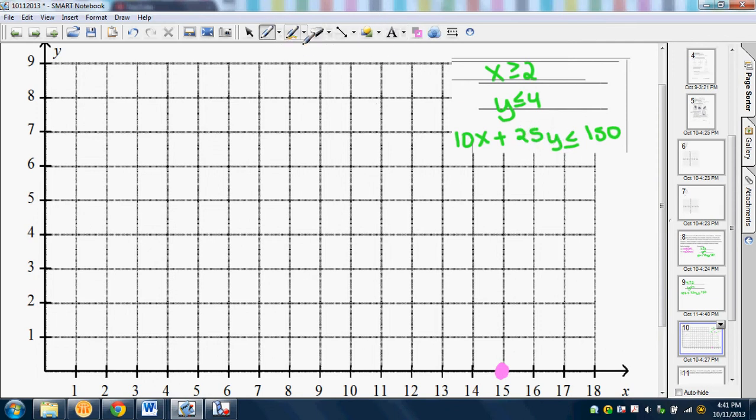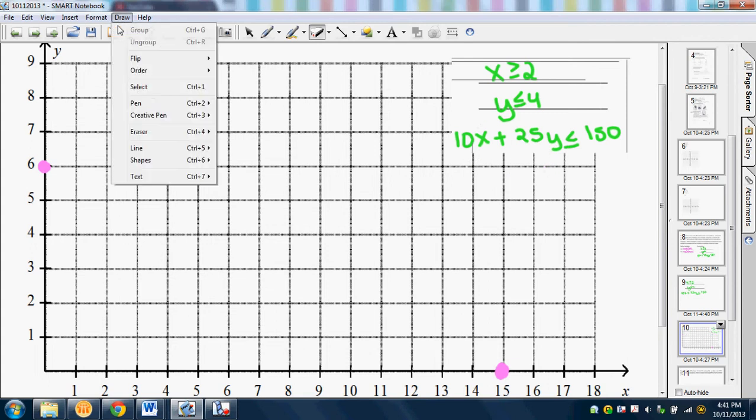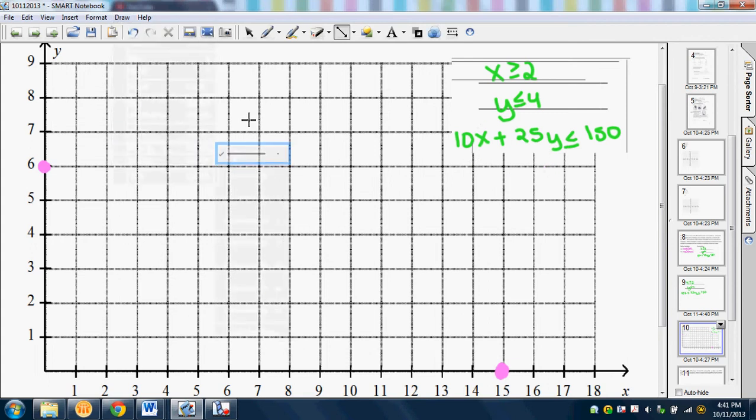The Y-intercept is when X is equal to 0. So 10 times 0 is 0, so that cancels out. So this means that Y would be equal to 6, because 25 times 6 is 150. So I'm going to put a dot at the 6. I can then connect my line, and because it says less than or equal to, it's going to be a solid line.